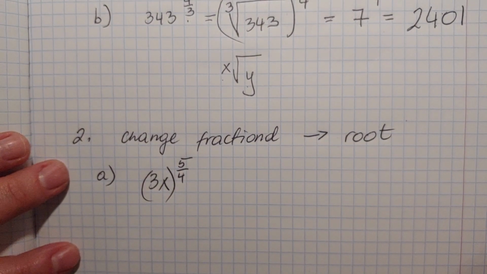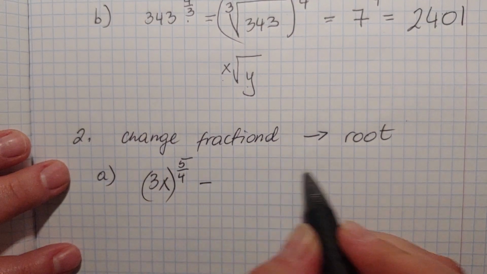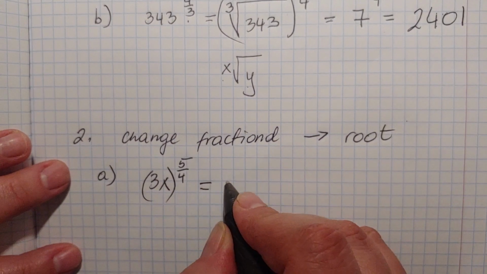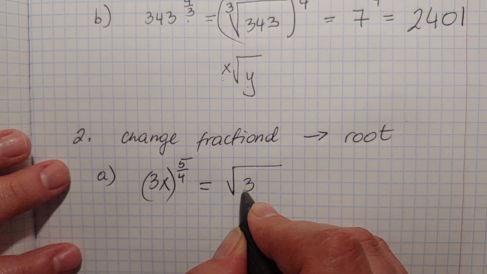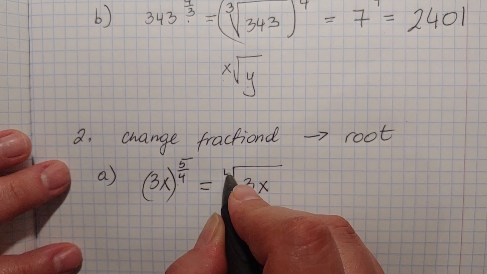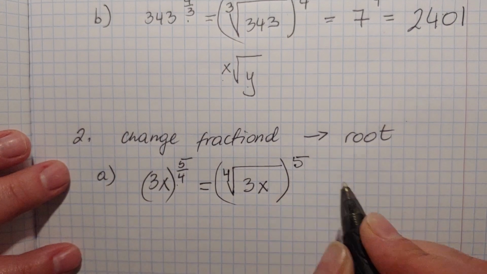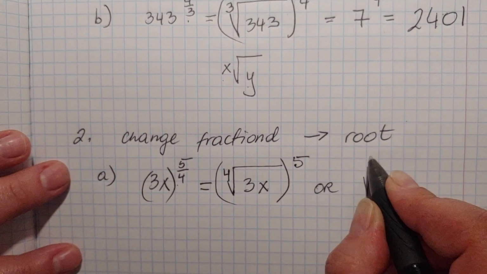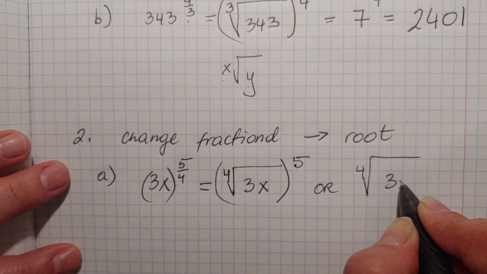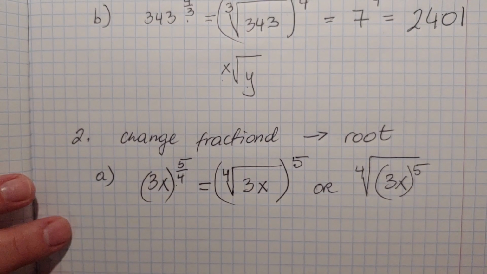Now you're not going to end up with one number, and I don't really want you to evaluate it or simplify like earlier. Just change it into root form. Okay, so I'm going to have a root of 3x for sure, my denominator is 4, that means it's going to be the 4th root, and everything will be taken to the power of 5. Or you can write the 4th root of 3x to the power of 5, whichever way you prefer.